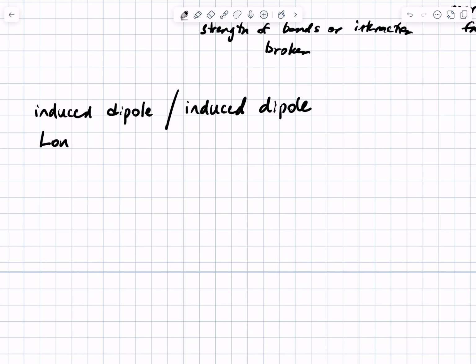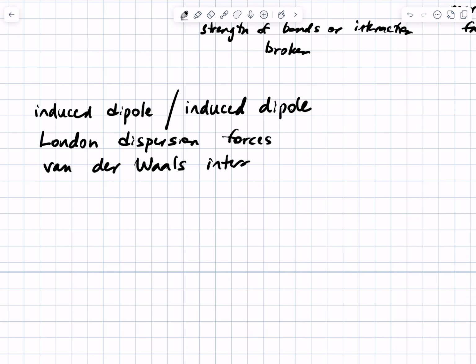There are some other terms for this. One of them is called London dispersion forces, and the other one is called van der Waals interactions, and these are all ways of saying the same thing.